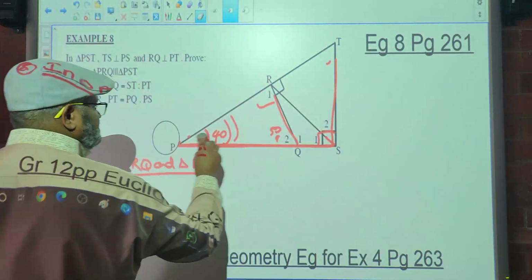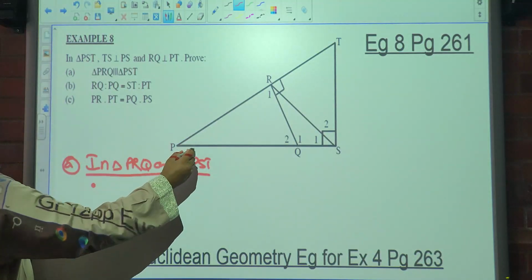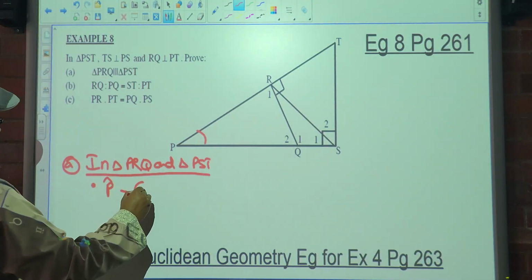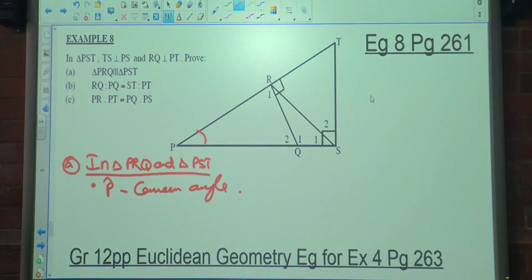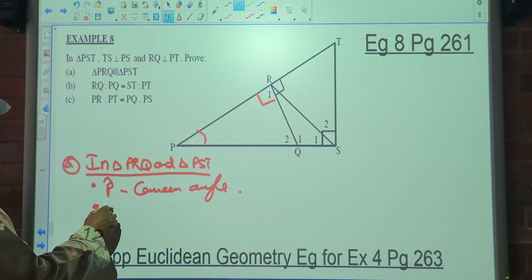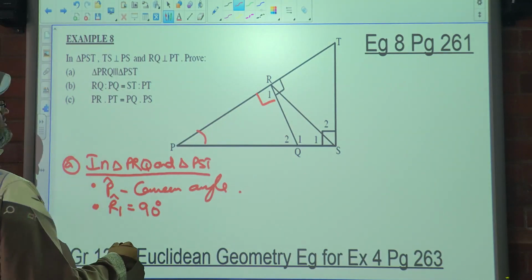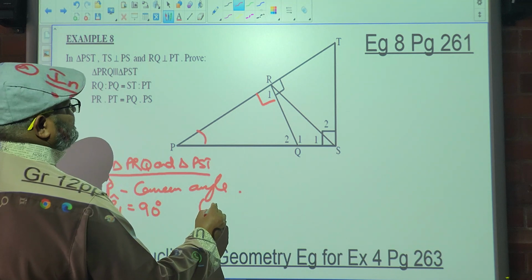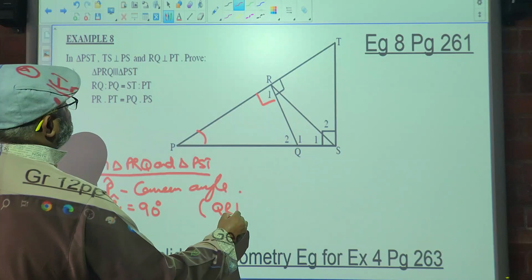So, let's go. What can we say first? We say that angle P is your common angle. Later on you will have a common side as well. You can't just say common. Say common angle or common side. Then we know that R1 is 90 degrees. Why is R1 90? Because QR is perpendicular to PT.